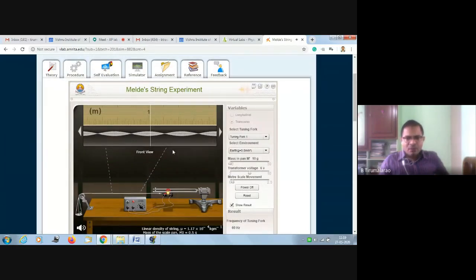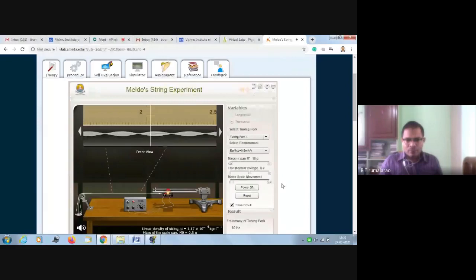So you can measure the length, the small l value. See here. 2, 2.5.